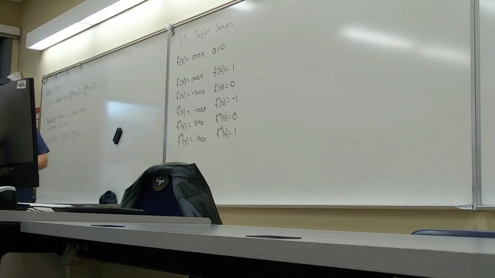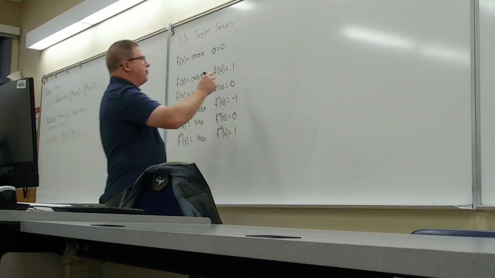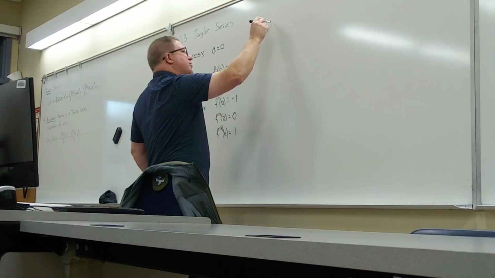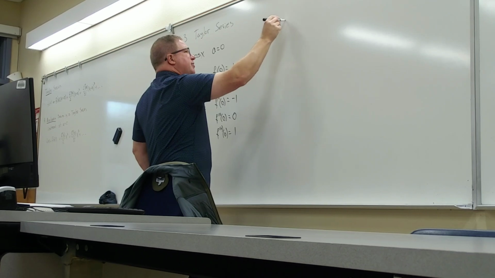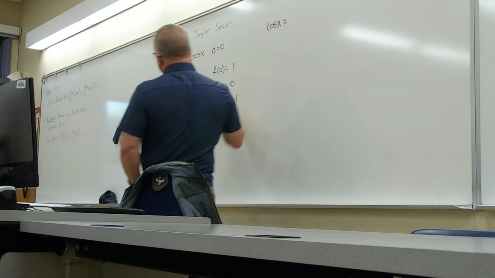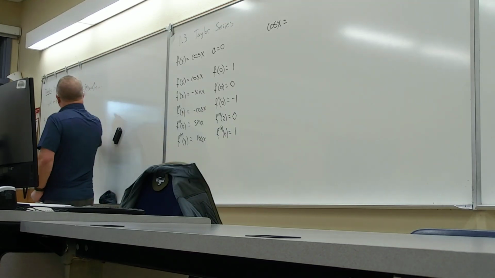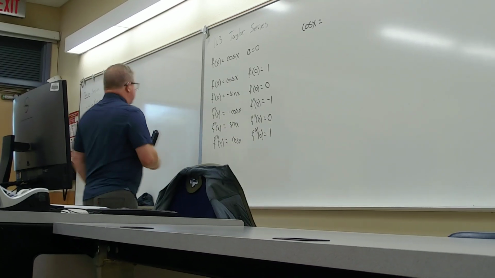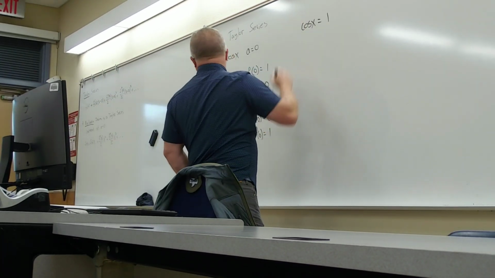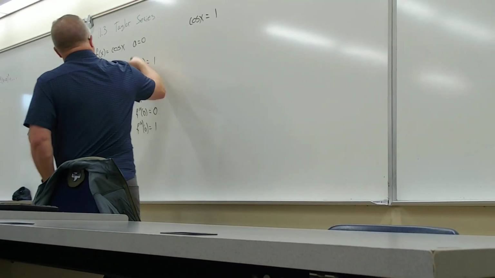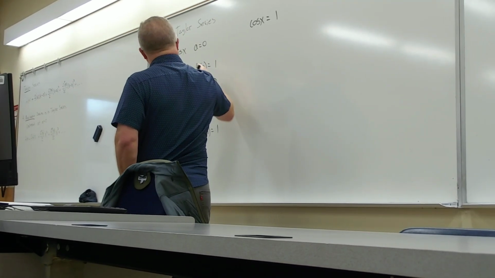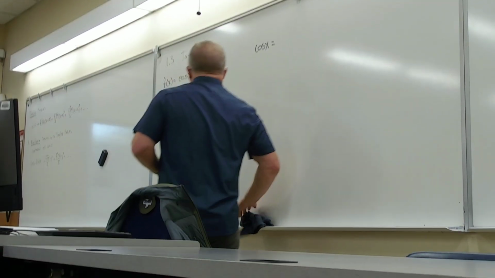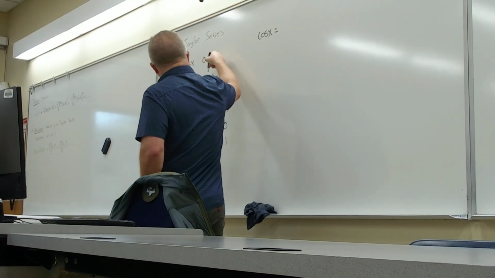All right? So our Taylor polynomial then for cosine, let's see, how do I want to write this? Cosine x equals, we'll plug in these numbers here with a equal to 0. So f of 0 is 1.